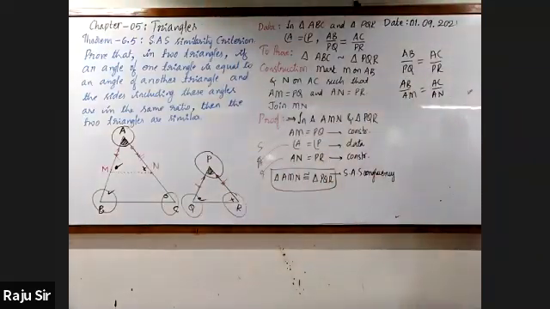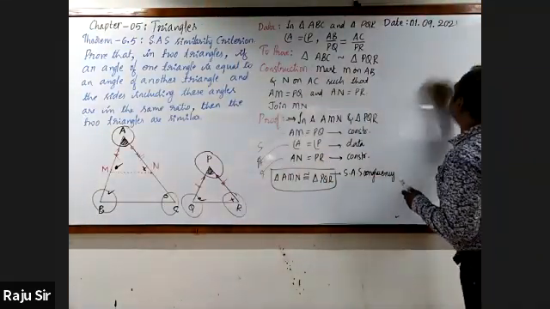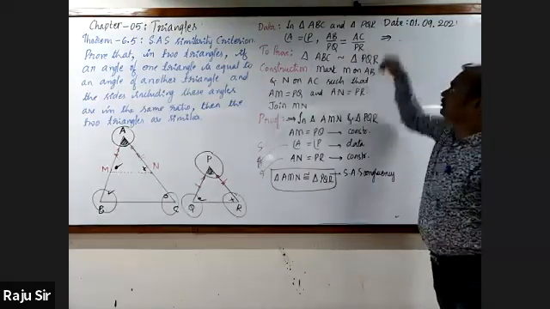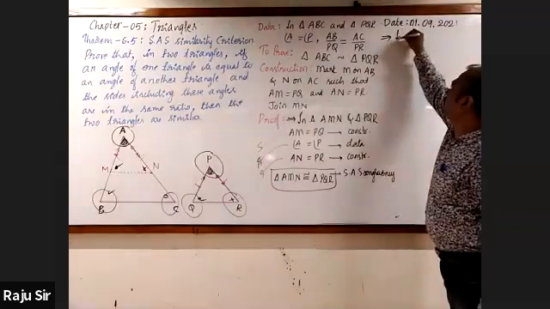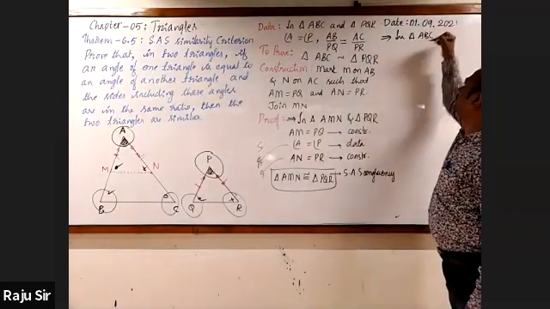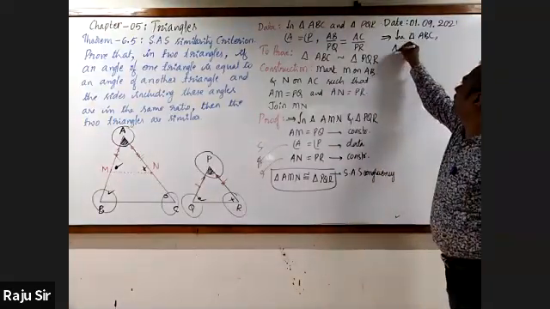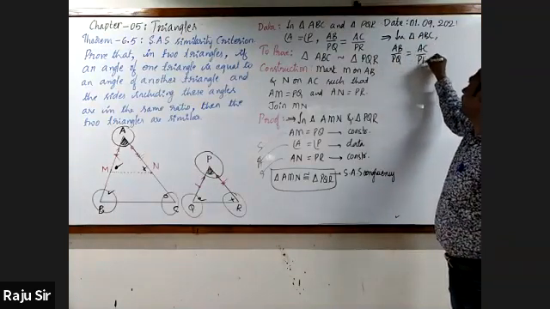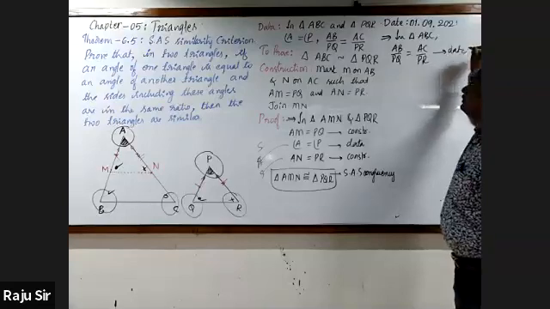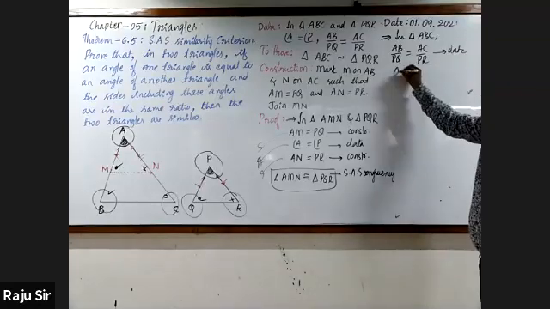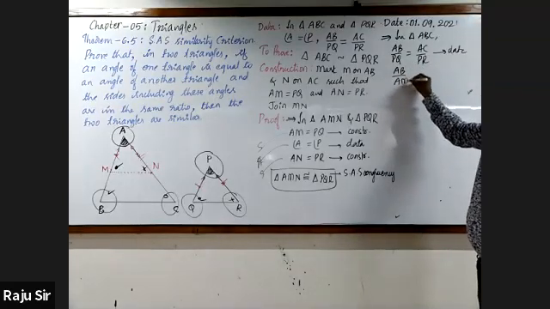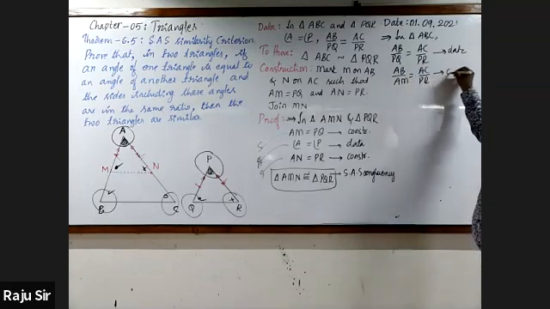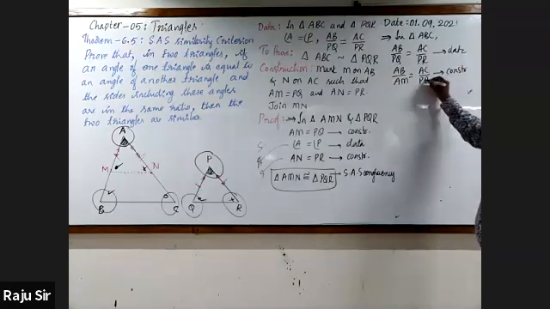Yes. Go for writing the same. In triangle ABC, AB by PQ is equal to AC by PR. This is from data. Then write AB by AM, it is equal to AC by AN. This is from construction.